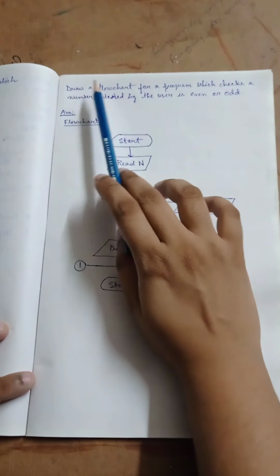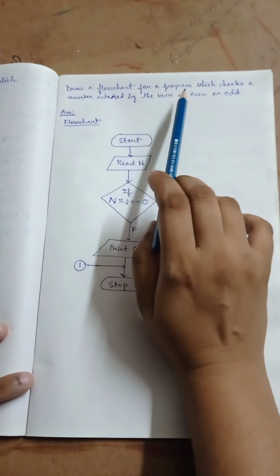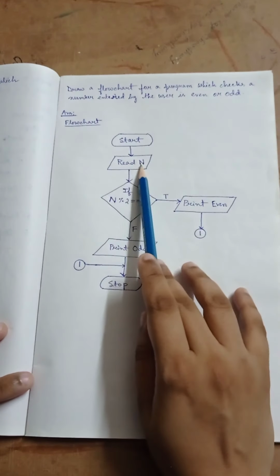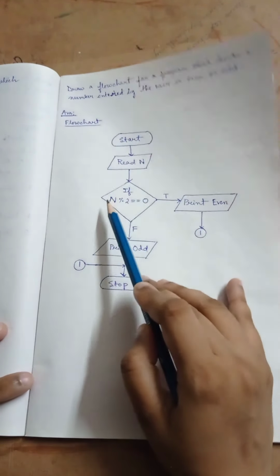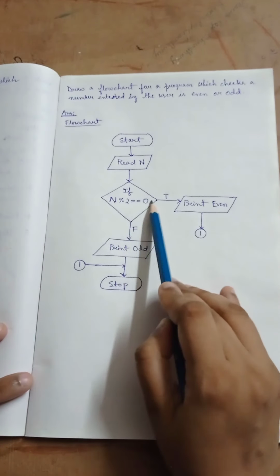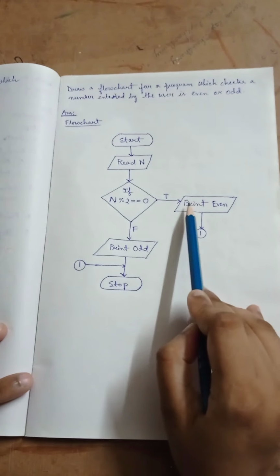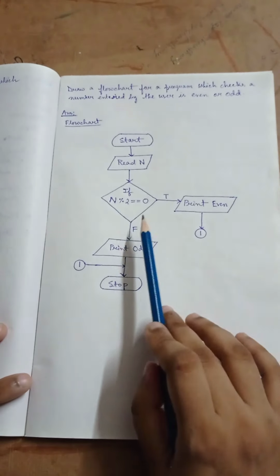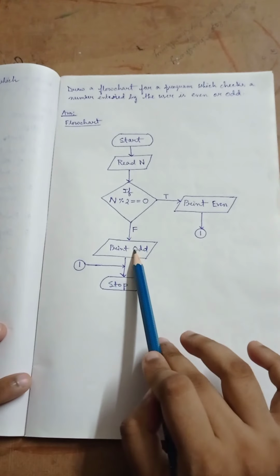Draw a flowchart for a program which checks whether a number entered by the user is even or odd. So first start, then read the number, read n, then check the condition. So if n mod 2 equals 0, if this condition is true, then print even gets executed, and if this condition becomes false, then print odd gets executed.